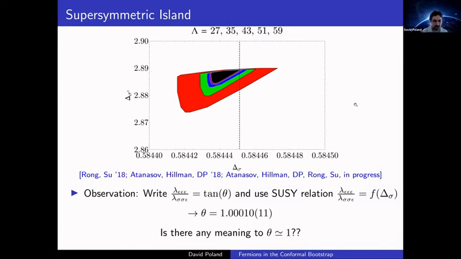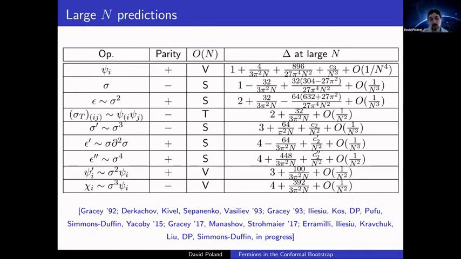Okay, so that's what we've been able to do with the n equals 1 Gross-Neveu-Yukawa model. What about larger values of n? Of course, as I mentioned, there's a whole history of computing the large n expansion in the Gross-Neveu-Yukawa model. Here I'm summarizing various operators in the theory and the orders that are known in the 1 over n expansion.